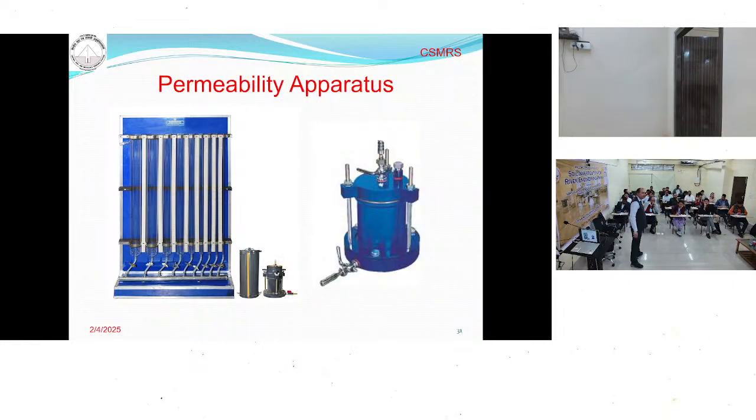After that, you measure the water level at different times and find out that it is falling at a constant rate, and water is coming out from the top, so the soil specimen is saturated. After that, you note down how much water is falling in different time intervals.